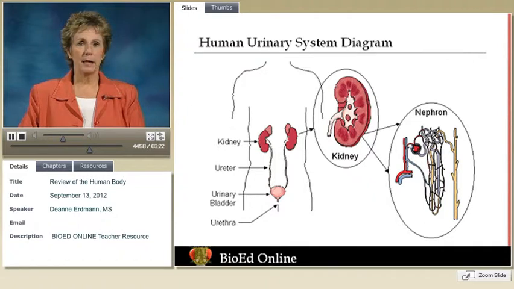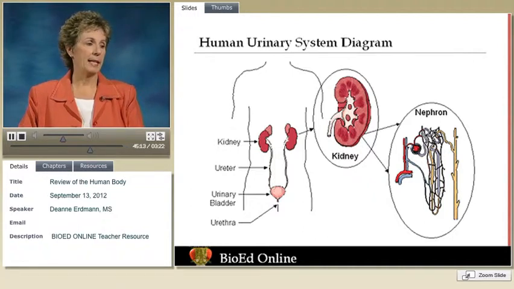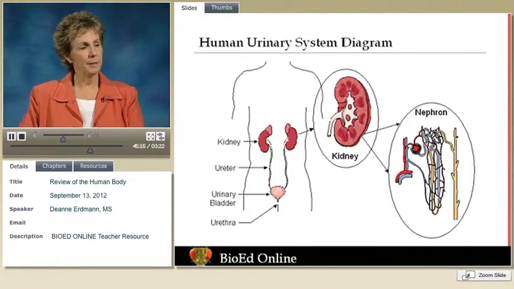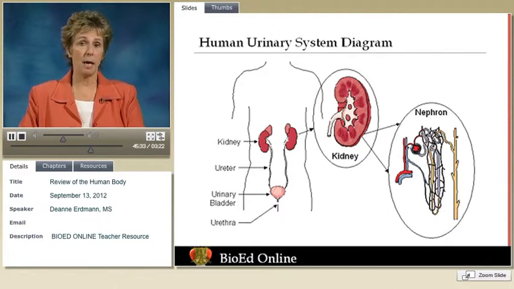Let's concentrate on the kidneys, and we usually just refer to this as the urinary system. And the kidneys, we have two bean-shaped structures. The ureters transport the urine to the urinary bladder where it's stored, and then it exits the body through the urethra. And if you look within the kidney, there are about 1 million filtering units called nephrons. And the way the nephrons function is that the blood, as it enters into the cup-shaped portion of that nephron called Bowman's capsule, it breaks into a knot of capillaries.